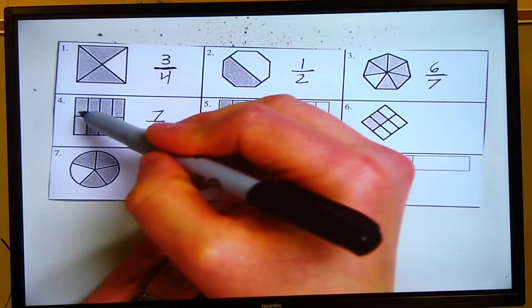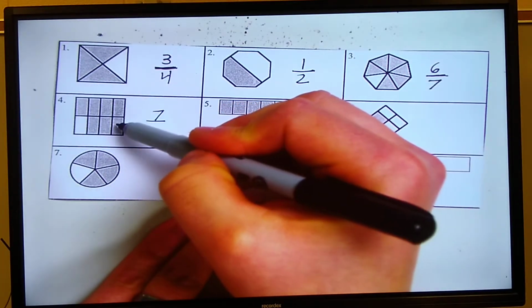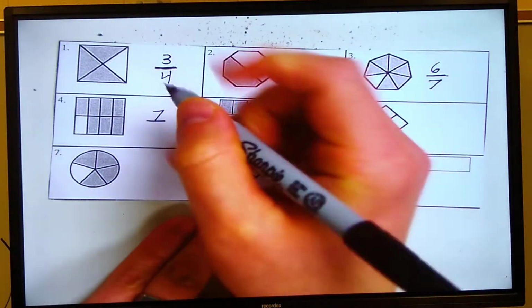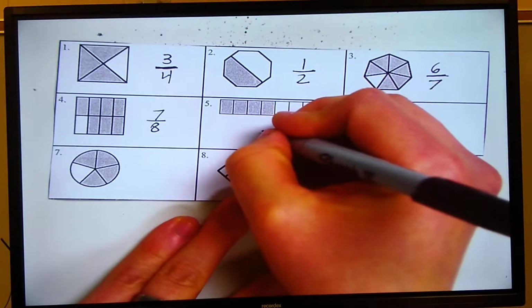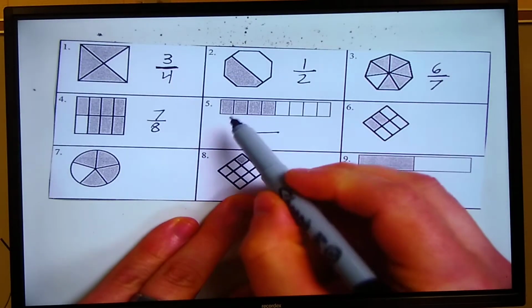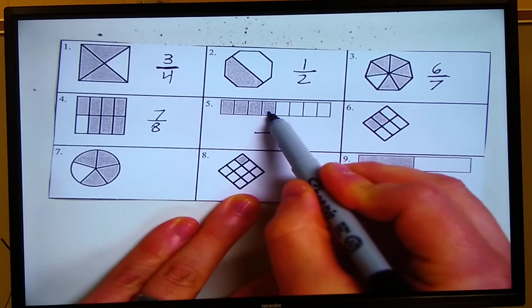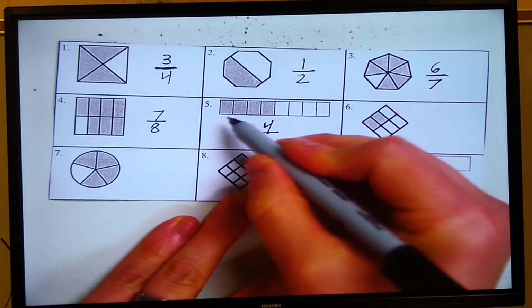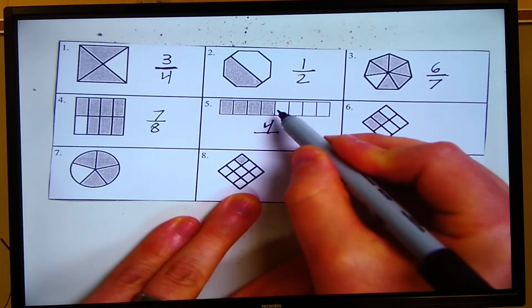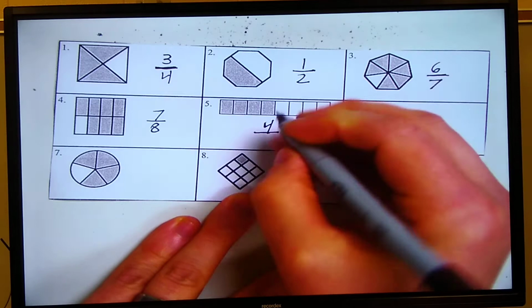My denominator, 1, 2, 3, 4, 5, 6, 7, 8. 7/8 is the answer. Number 5. My numerator, 1, 2, 3, 4. My denominator, 1 through 8. 4/8.